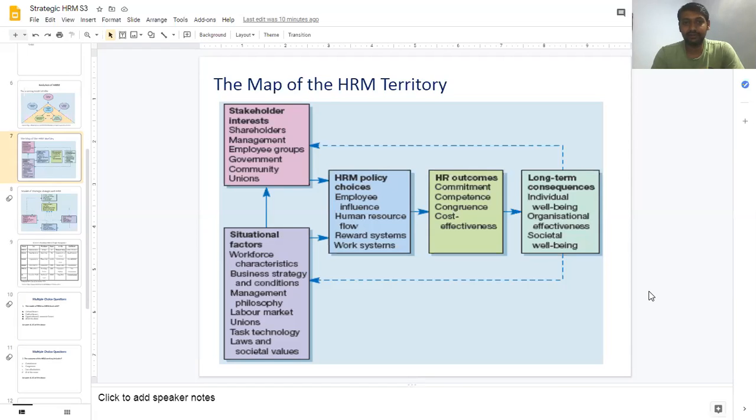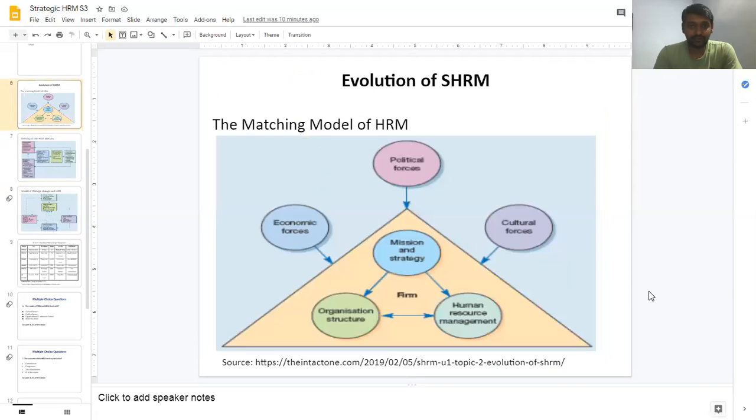So we have to satisfy them. Strategic HRM concepts satisfy stakeholder interests with HRM policies and choices, HRM outcomes and long-term consequences, considering situational factors as well. So this slide explains the map of HRM territory.